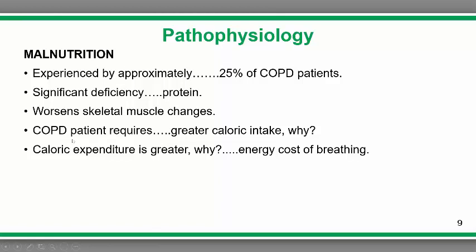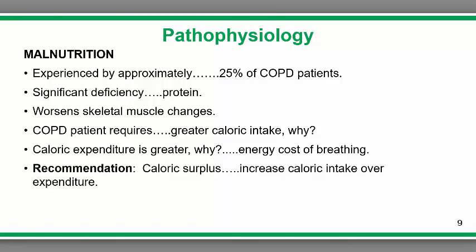Because of the increased cost of breathing and the difficulty a person has with breathing, they're activating those inspiratory muscles and those expiratory muscles to a greater extent. And so their energy expenditure goes up, their caloric intake should match that increase in caloric expenditure.